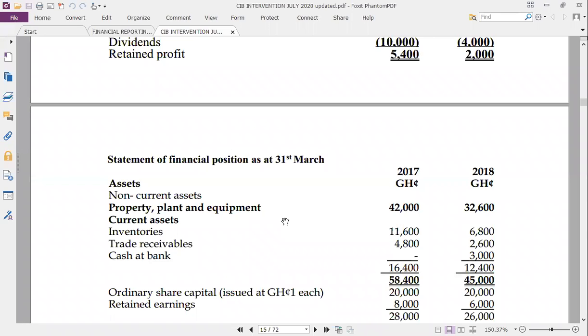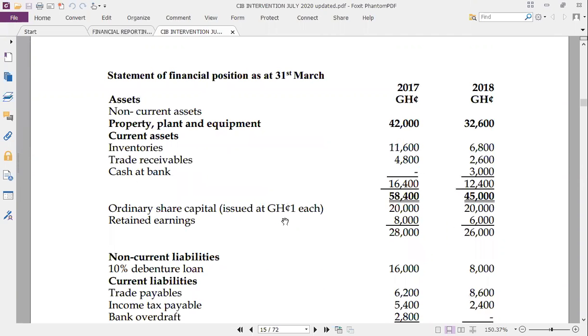Now for the financial position, the common base is total assets. So this is the statement of financial position for Akwesi Papa Limited. The common base here is the total asset. So you pick all the items, divide by this total asset, and multiply by 100.